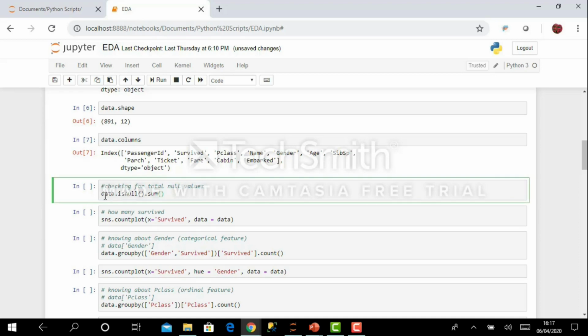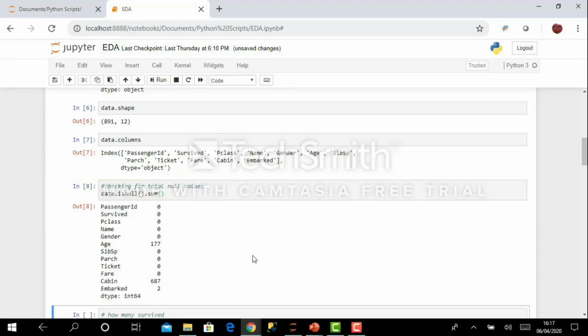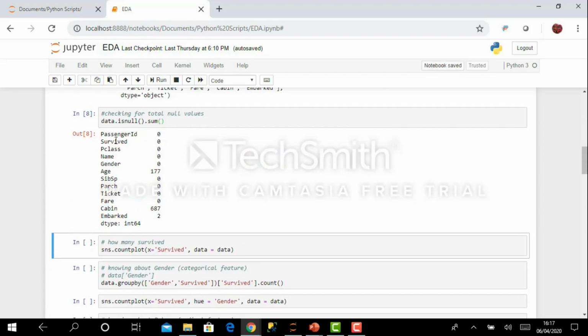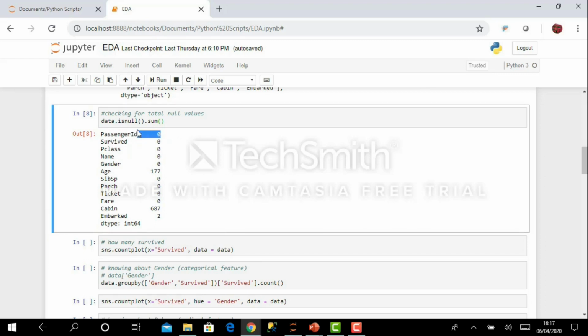Then the next function I have written is data.isnull().sum. What it is doing is that data.isnull identifies the values which are null, and sum gives the total number of null values per column. So let us execute this. From this execution you can see that the passenger ID column has 0 null values, the same for survived, Pclass, name and gender.